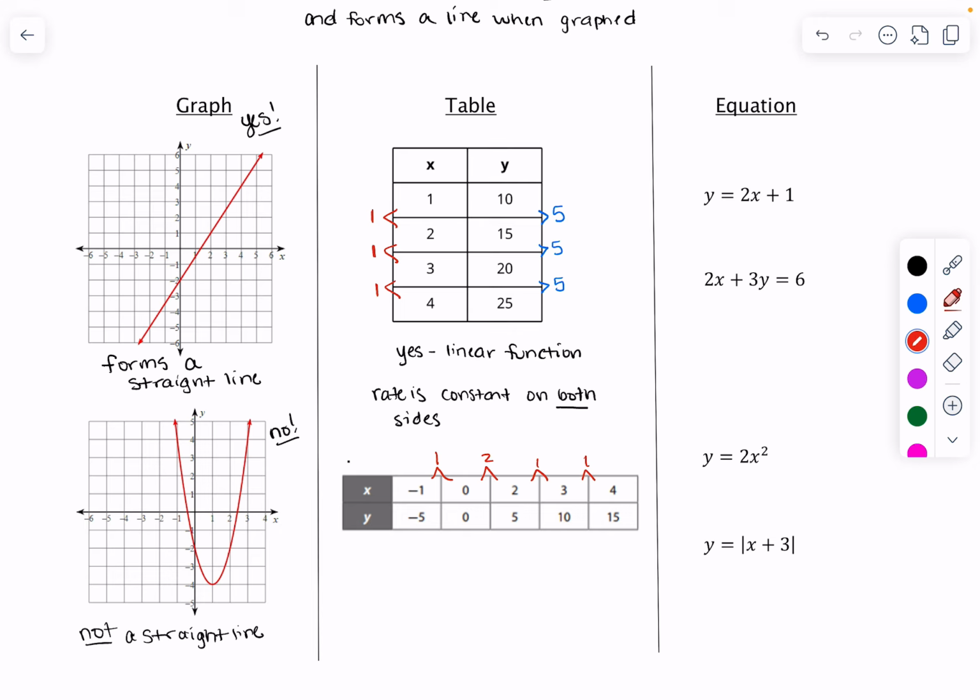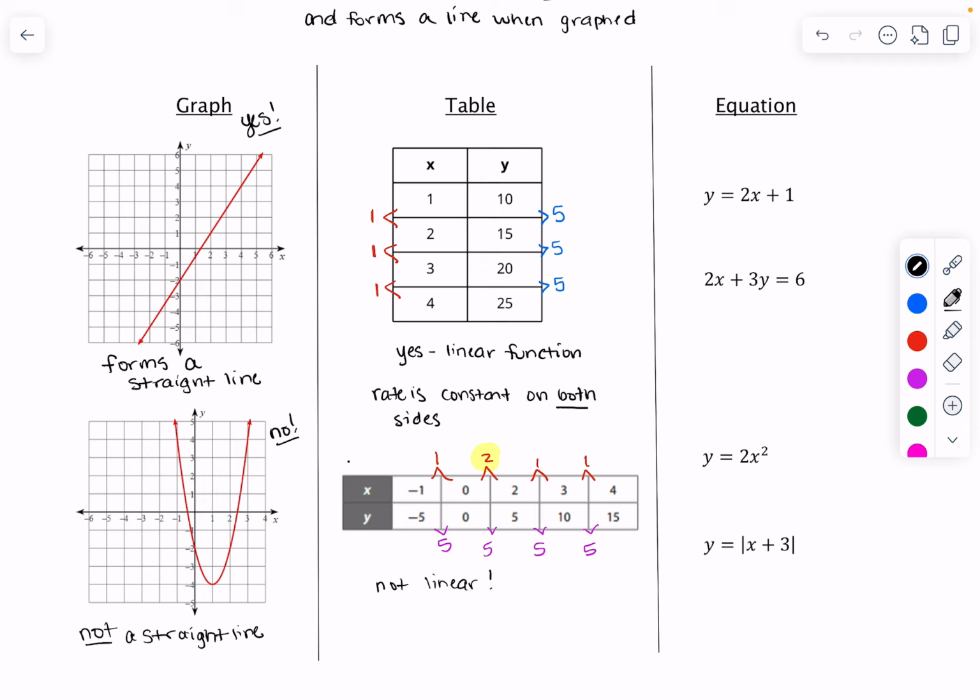So already I can see that that 2 is going to make this not linear. Even though on the bottom this is going up by 5 every time, it has to have the constant rate of change on both sides. So this is not linear. That 2 is really messing up that table being linear. That is going to be a different type of graph.